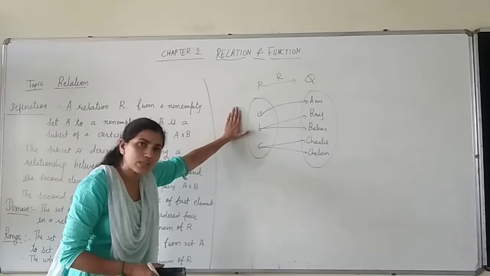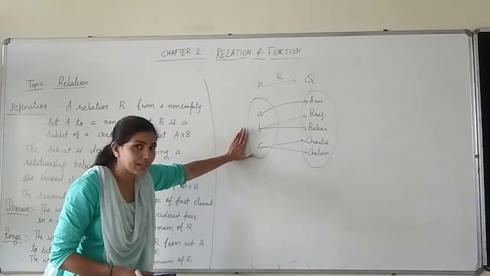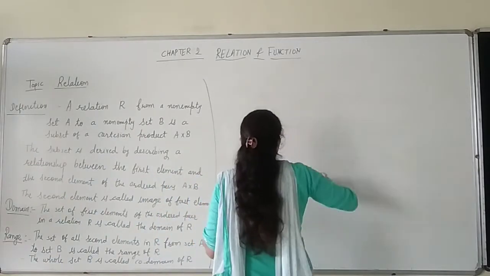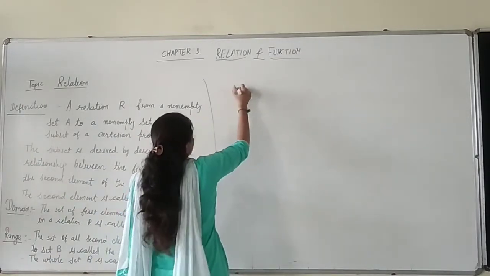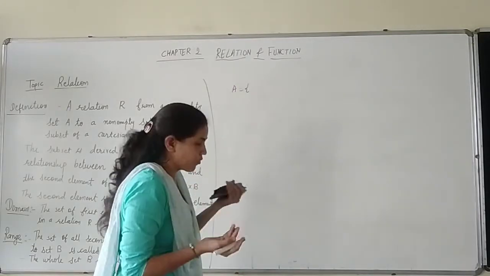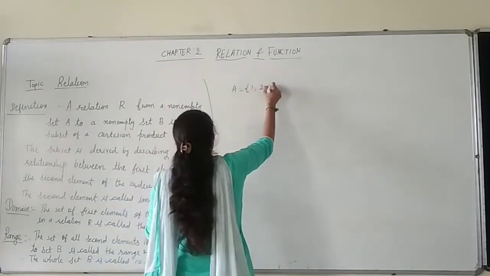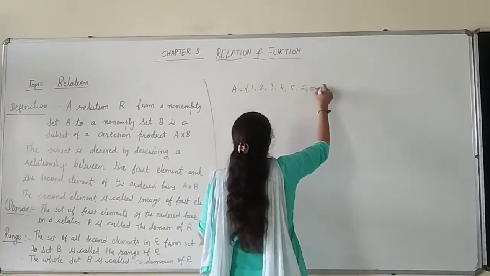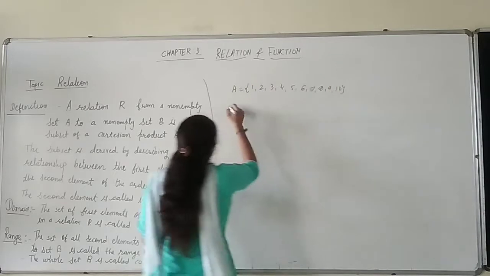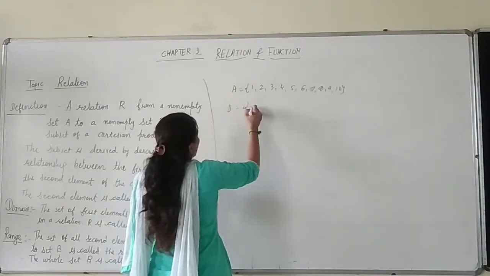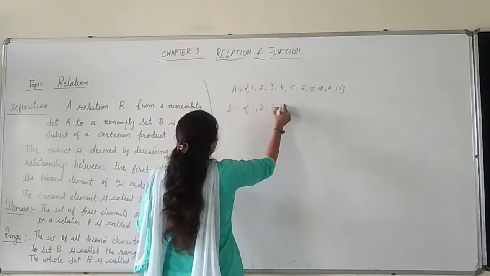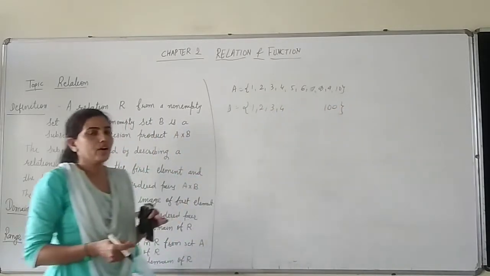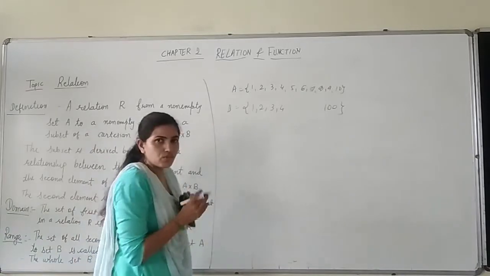Students, you must have understood a little bit what a relation is so far. Let me go into the detail. Now suppose we have two sets A and B. A equals 1, 2, 3, 4, 5, 6, 7, 8, 9 and 10, and B equals 1, 2, 3, 4, up to 100. Now what relation can we write?